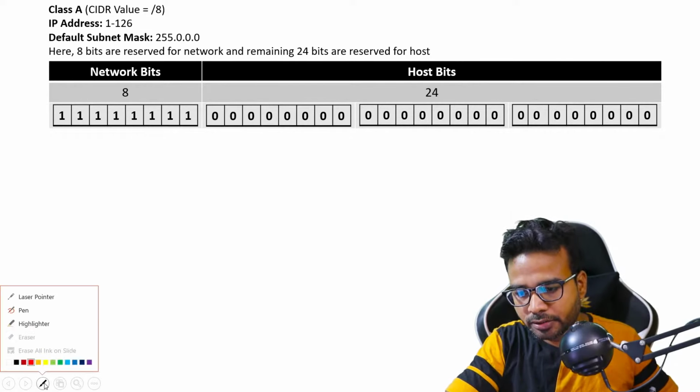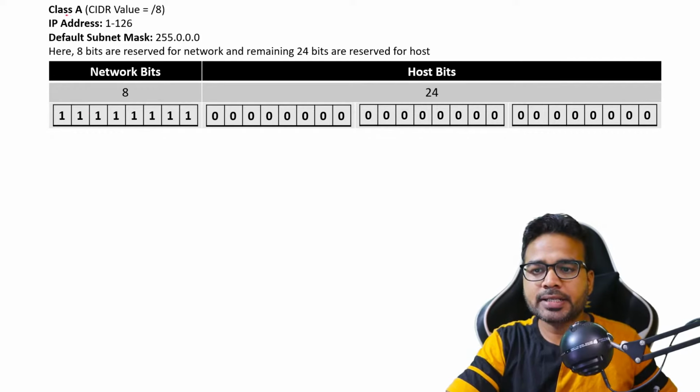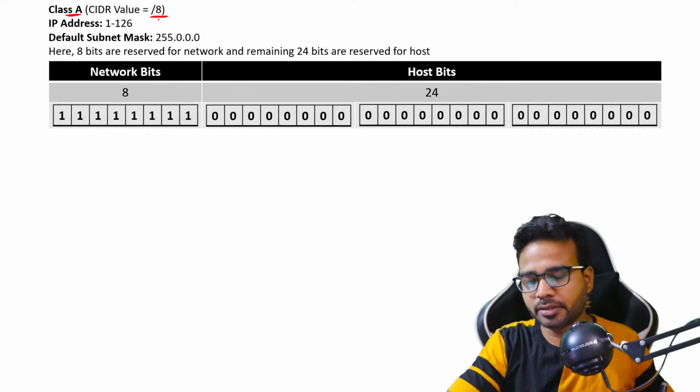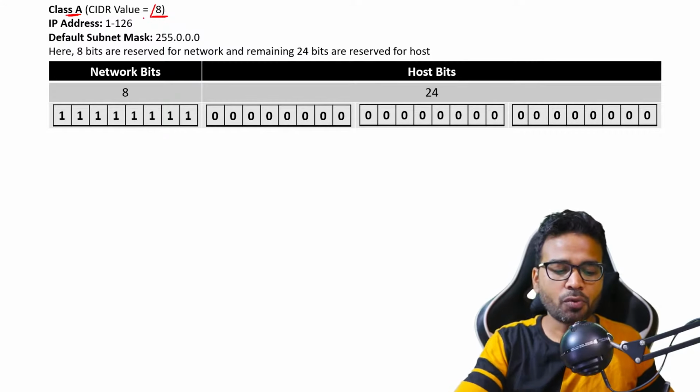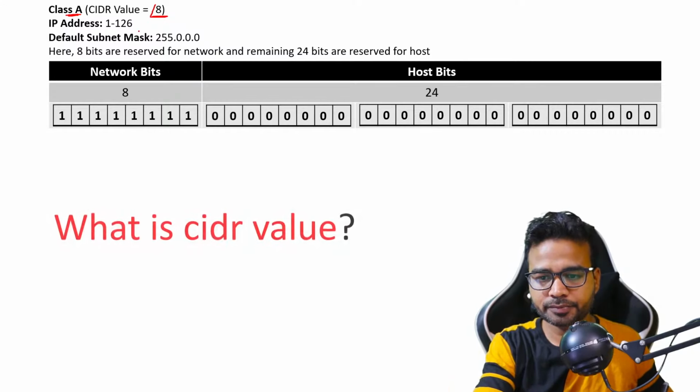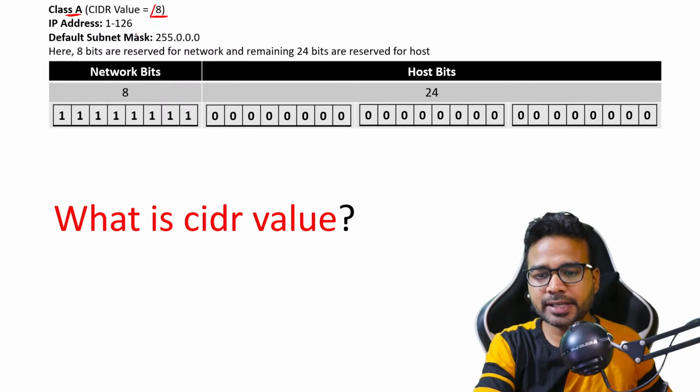Now next, as you can see, we have a class A IP address, correct? One minute, let's take the pen. So this is a class A IP address and its CIDR value is 8, correct? This /8 you are able to see here is called a CIDR value. What is CIDR value?